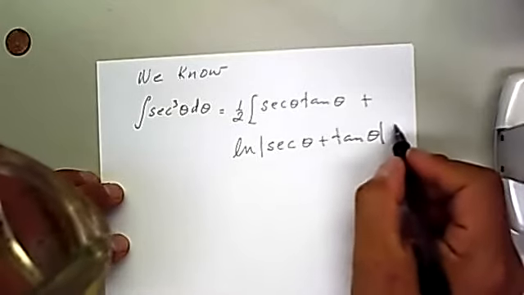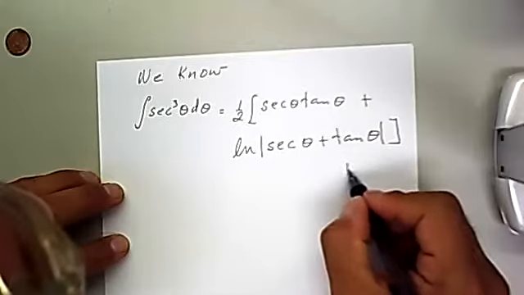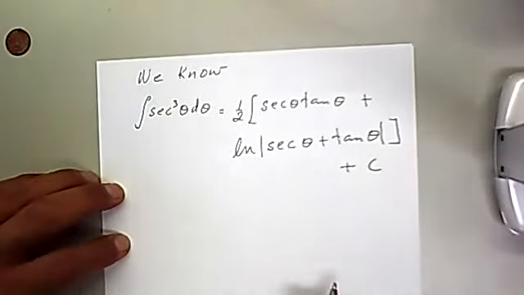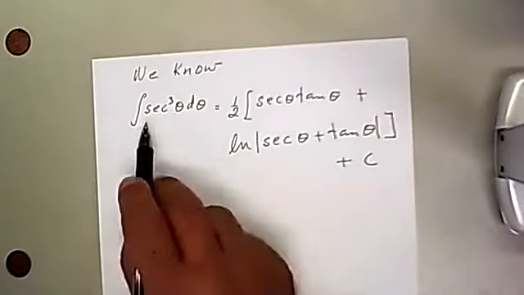Close the absolute value, close the bracket, and I didn't have enough room for my constant, so I'm going to add it down here. So this is the indefinite integral formula for secant cubed theta.